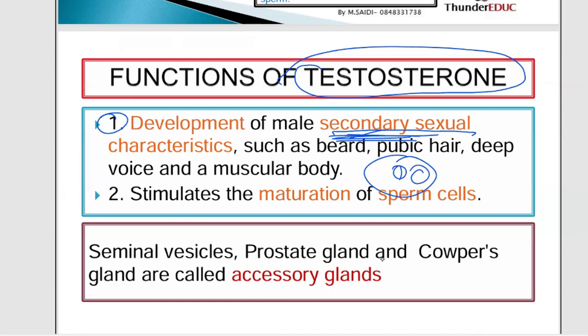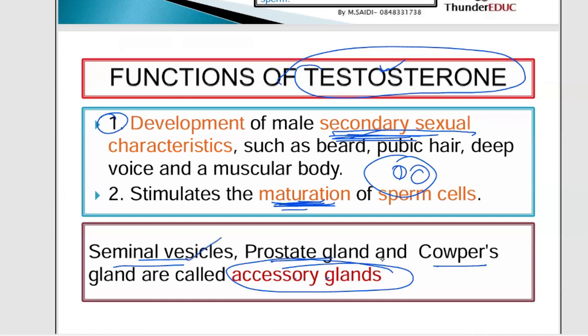So that is one. Number two is it stimulates the maturation of sperms. This hormone testosterone stimulates the maturation of the sperms. So we saw that these three glands, seminal vesicles, prostate gland, Cowper's gland, the general name is called accessory glands. How do you call those three glands? Accessory glands.